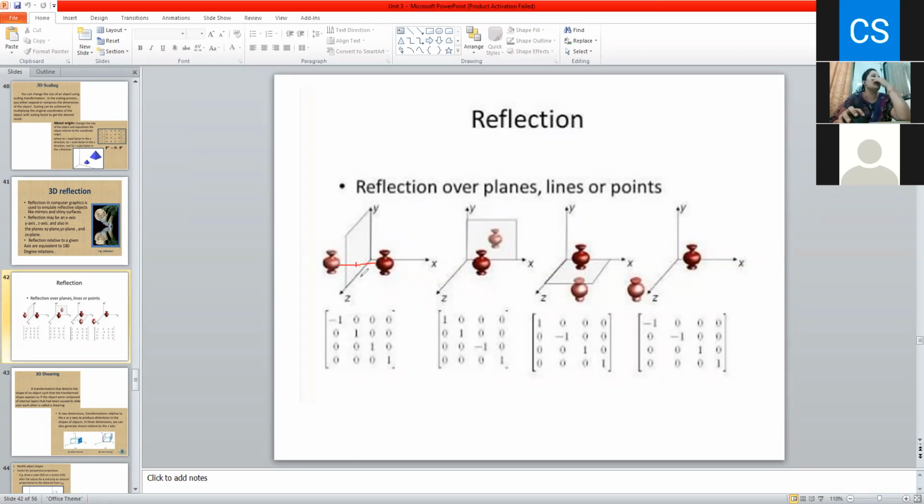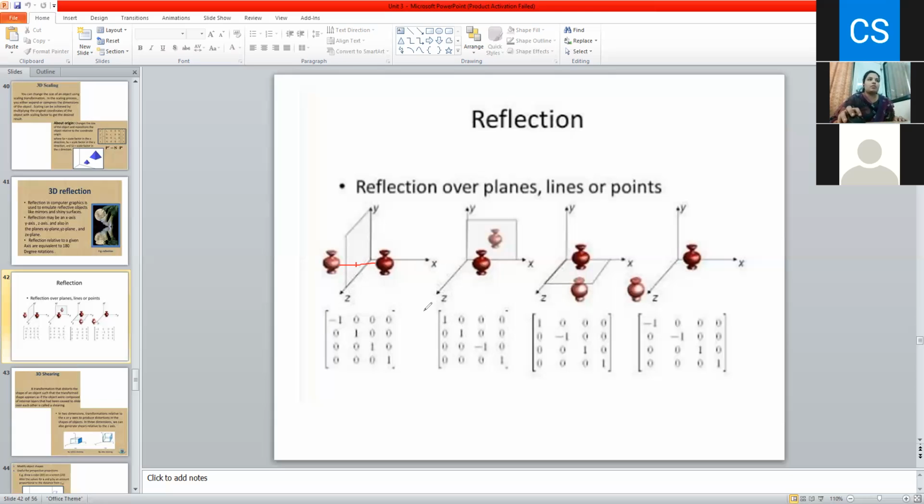So that is nothing but the magnitude is not going to change, only the sign is going to change. So the sign is changed with the multiplication with -1 here. So -1 and the remaining values are 1, 1, 1 in the diagonal. All the off-diagonal elements are already 0.